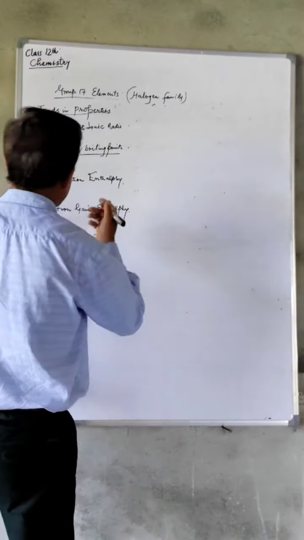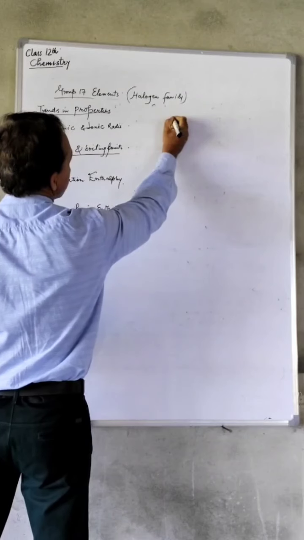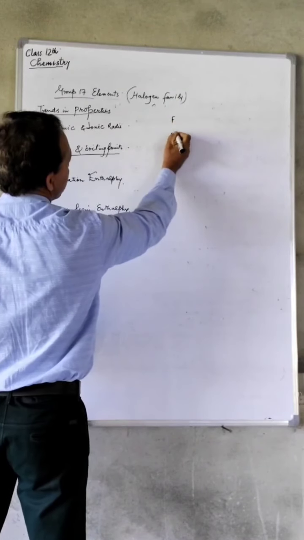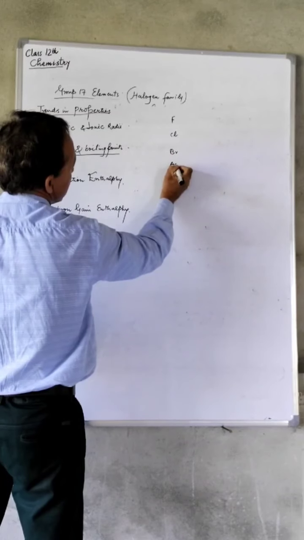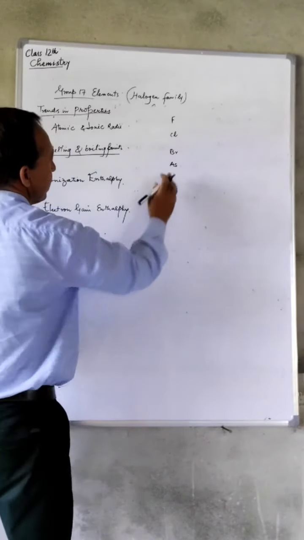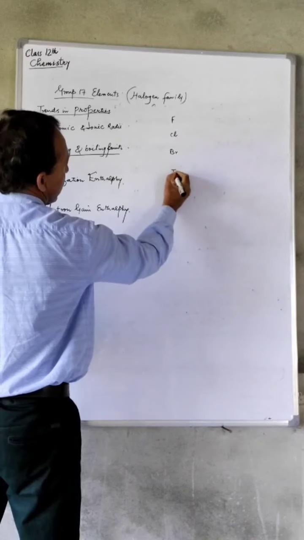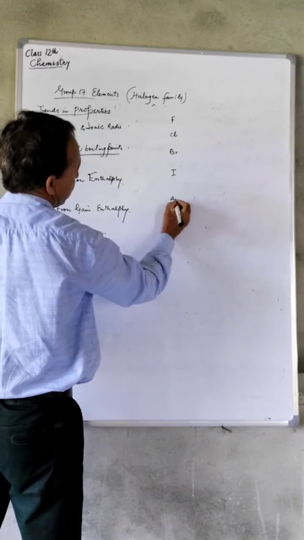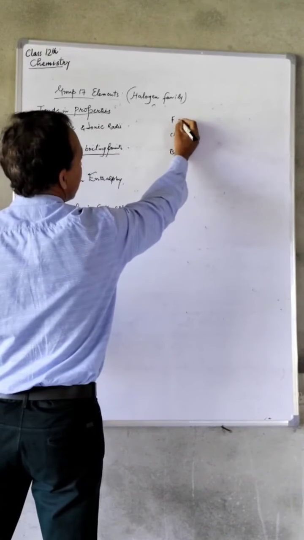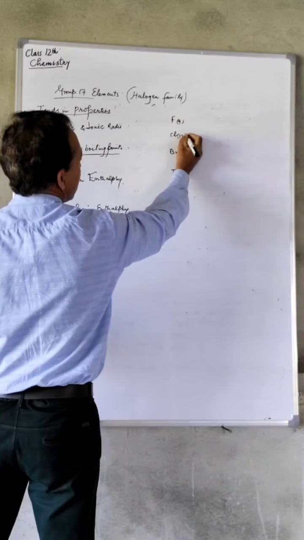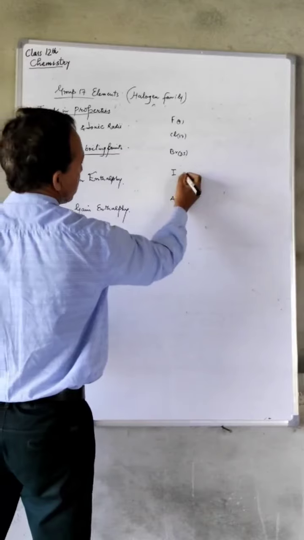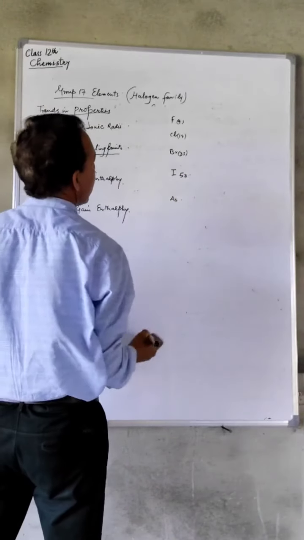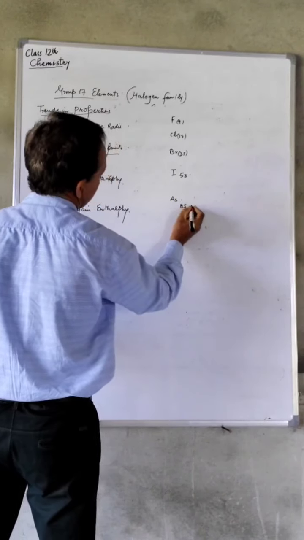Again, we will write these halogens: fluorine, chlorine, bromine, iodine, etc. 9, 17, 35, 53, and 85.